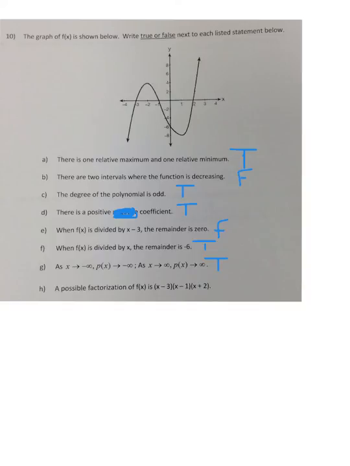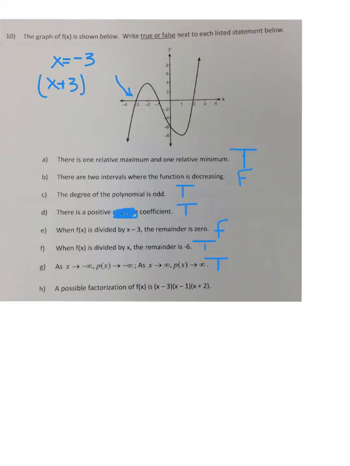All right, last one. H, a possible factorization of f of x is x minus 3, x minus 1, and x plus 2. Well, let's look at the zeros here. So if I look right here, I have a 0 at x equals -3. Well, that's its 0, so remember, its factor would be x plus 3, wouldn't it? Well, right away, I know I have a false answer here.